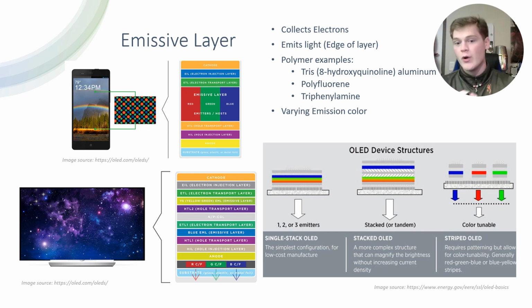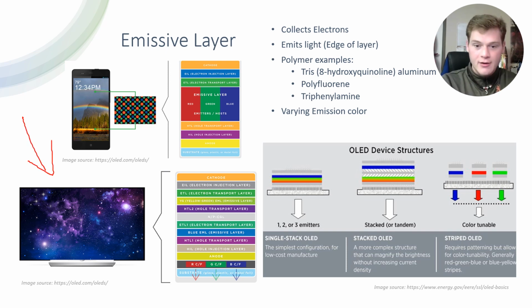As screen technology is getting more and more advanced, and different companies are trying to figure out different ways to really pack in these pixels and make a screen super high definition, clear, easy to read, we're starting to see more configurations like this picture down here.